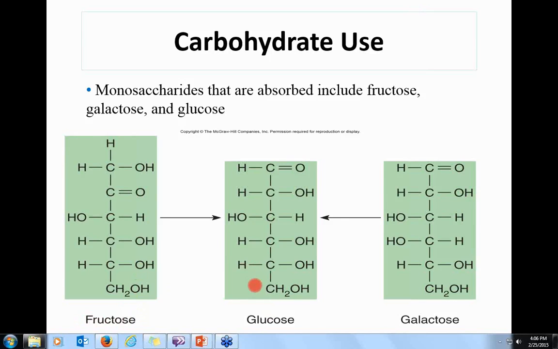In other words, they have the same chemical formula of C6H12O6. Another isomer is galactose, a monosaccharide found in milk sugar, and galactose is easily converted into glucose. Once these are converted into glucose, they enter the stages of cellular respiration.